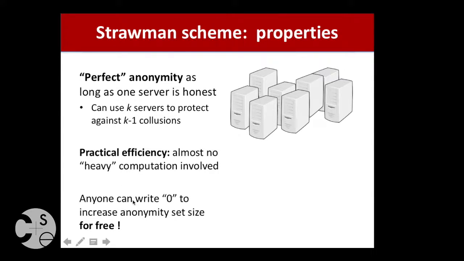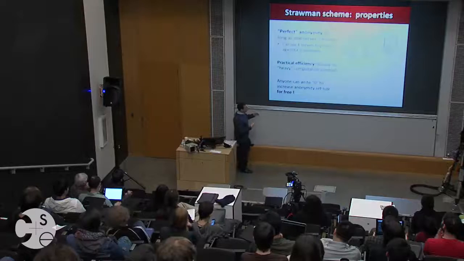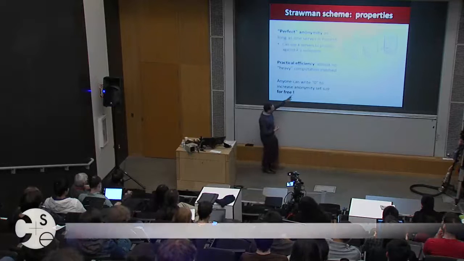Yeah, so this is I think the key selling point of a system like this, which is the anonymity set. The set of people that you're entangled with actually can be a lot larger than just the people who are writing. In fact, you can imagine that anyone who's reading the system, anyone who's just using the system to get information, just by reading, they could also just write a 0, right?